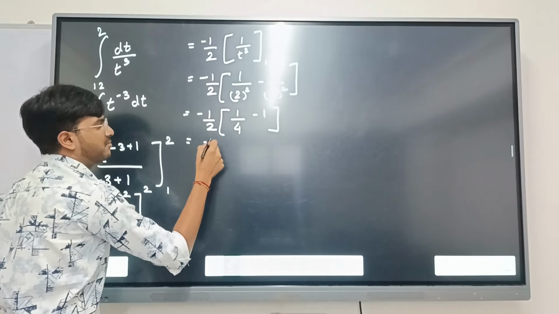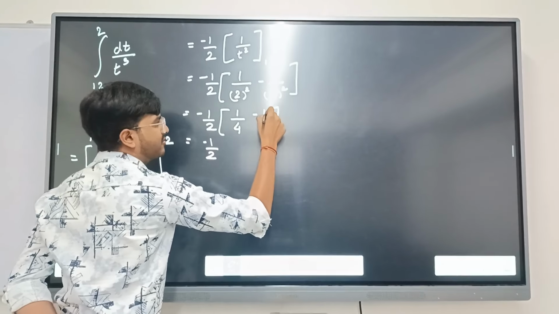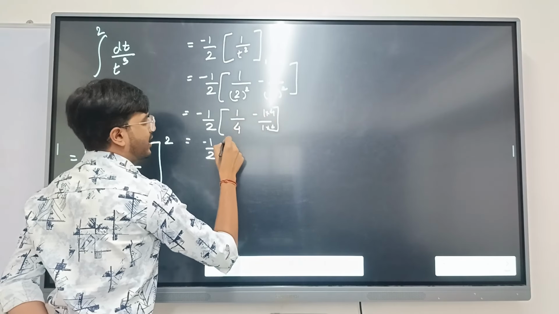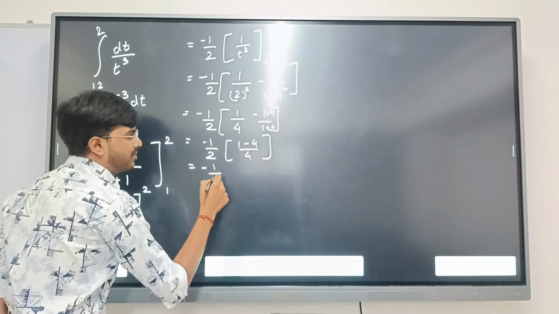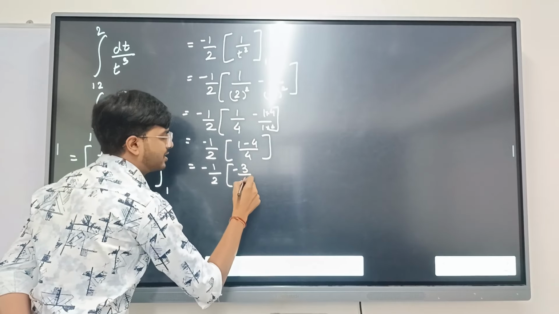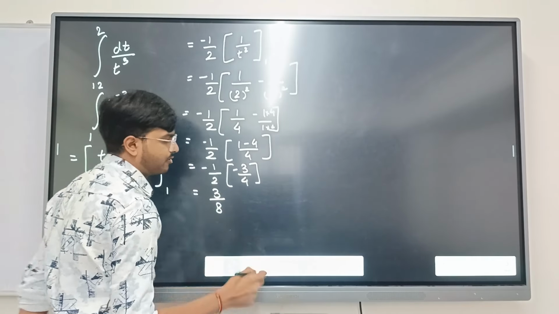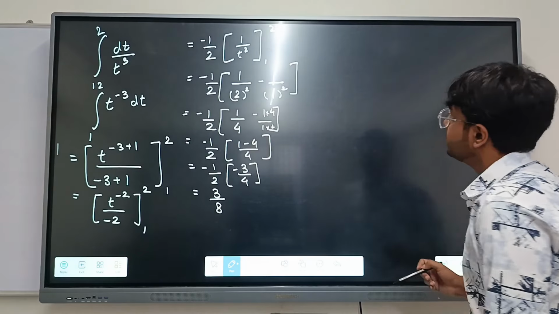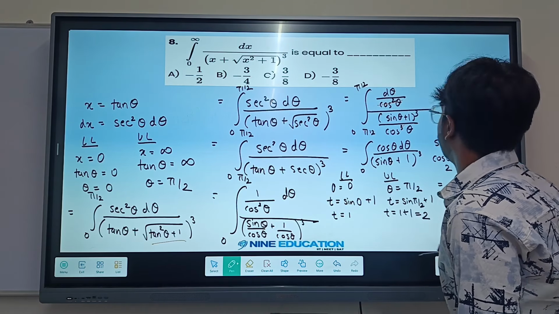If I take LCM of 4 and 1, 4, so 1 minus 4 by 4, that is minus 1 by 2 into minus 3 by 4. So answer would be 3 by 4 into 2, which is 3 by 8.